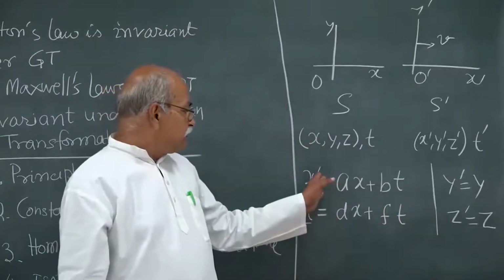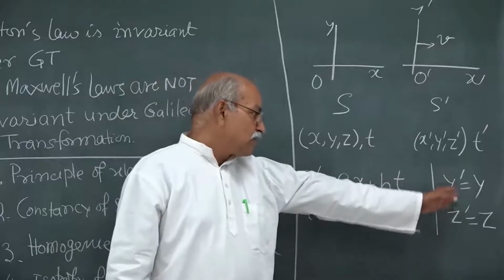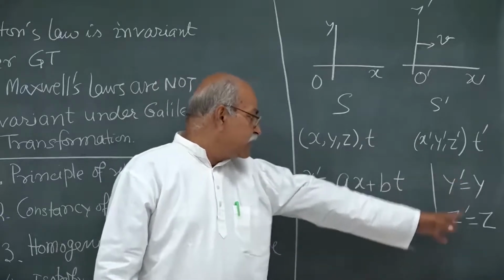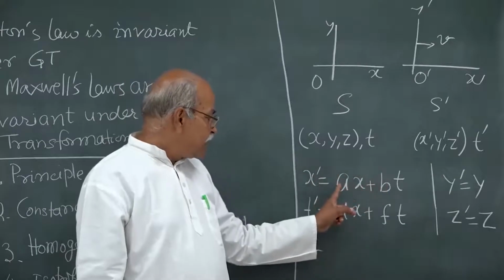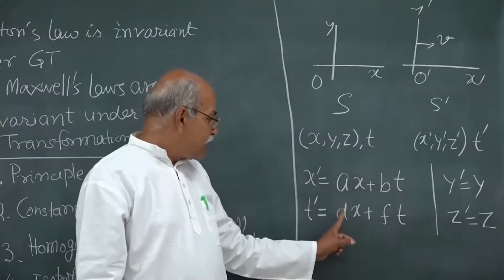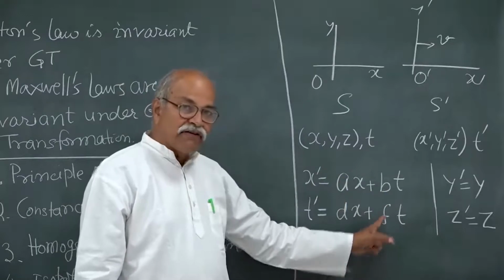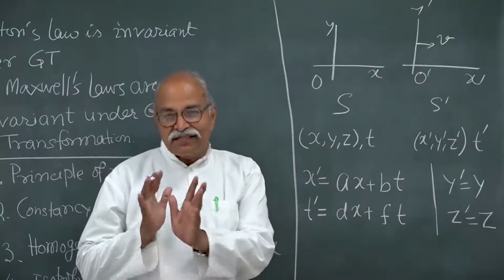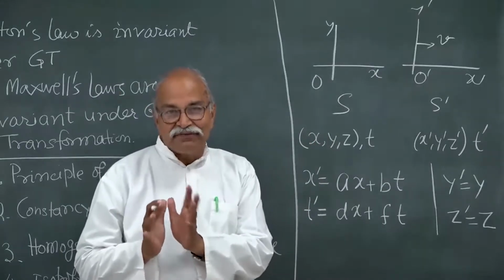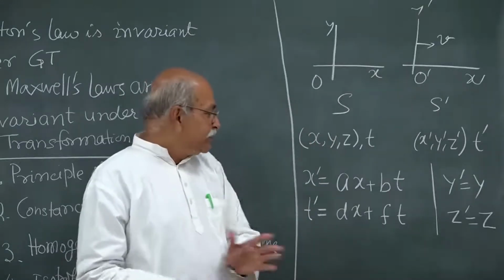So, we start with these equations, these two we have already taken for granted, and for these two we are writing these, we have to find a, we have to find b, we have to find d, and we have to find f.